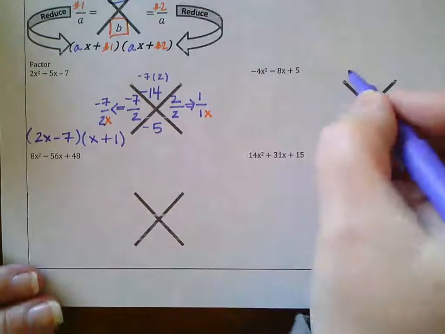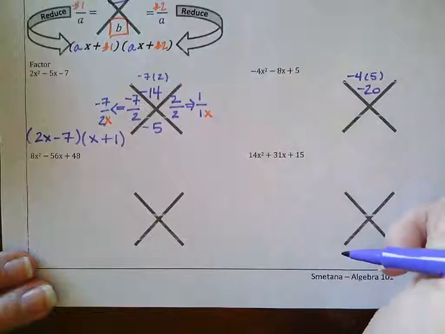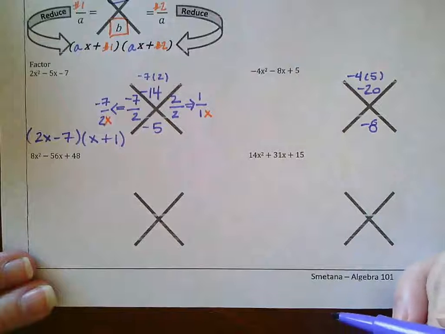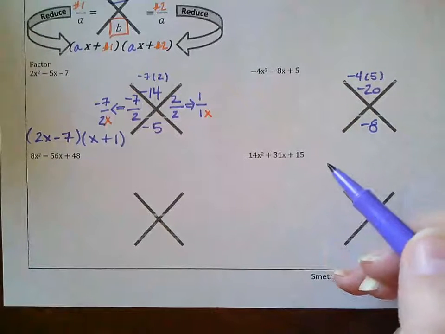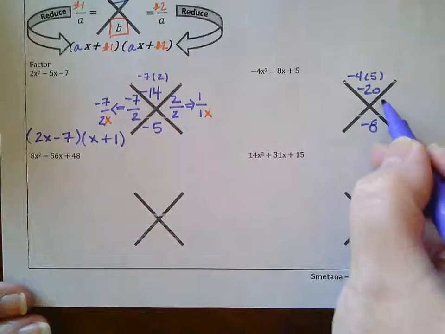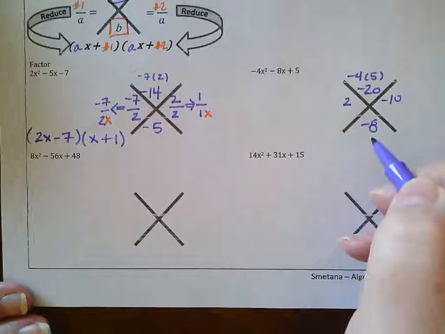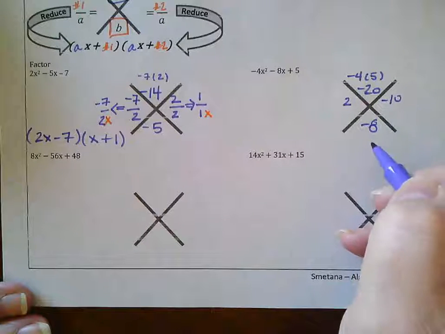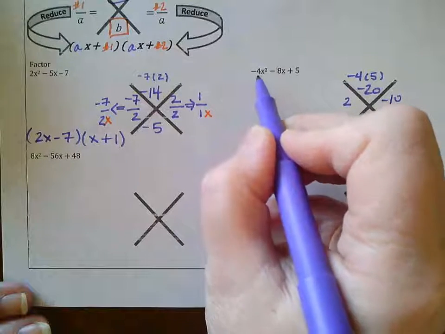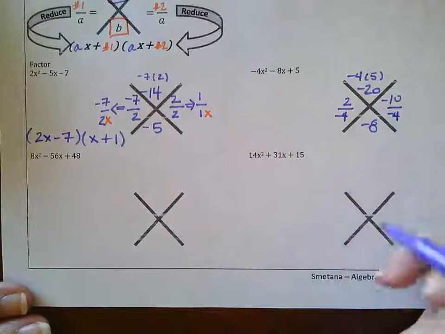Try it again. So -4 times 5, -20. So you're multiplying these two together. You're bringing down your b. And the two numbers that multiply to equal -20 are going to be 2 and -10. They add up to equal -8. So divide that by your number here. Include the negative. So -4, -4.